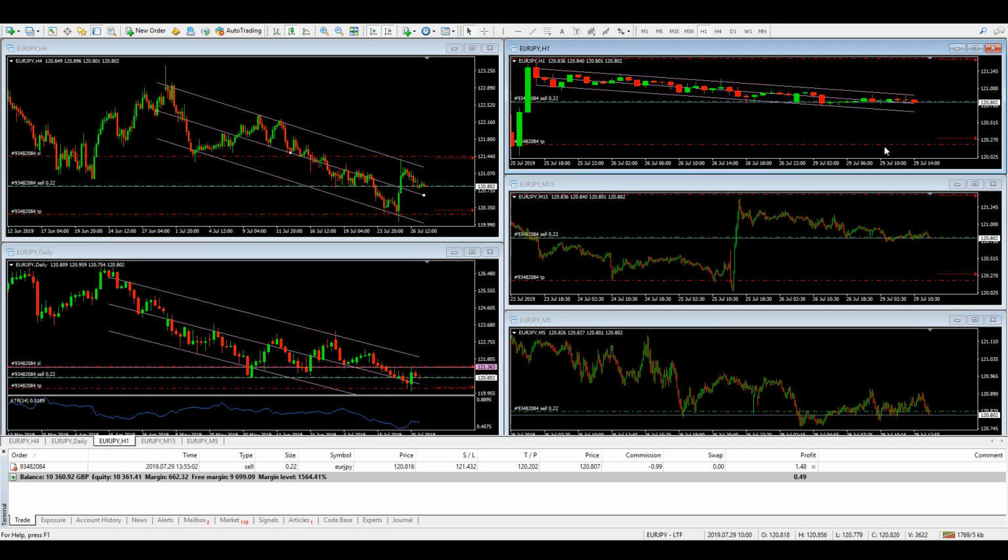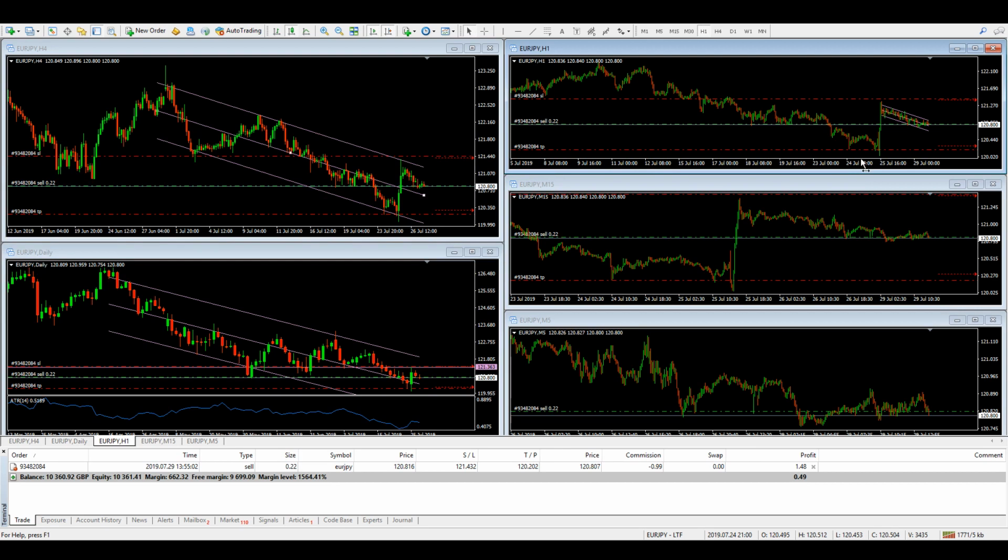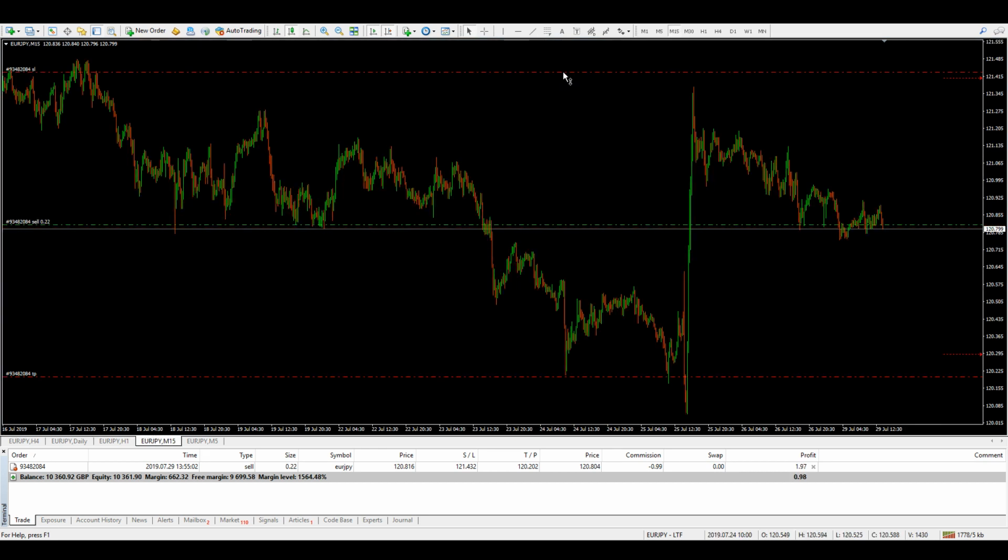What else can I talk about on this? It's useful if you're using MetaTrader as well. You can see here roughly my 1-to-1. When I hover over the price level, the dotted line, you can see the profit in GBP there, in pounds, and then you can see the pip distance.